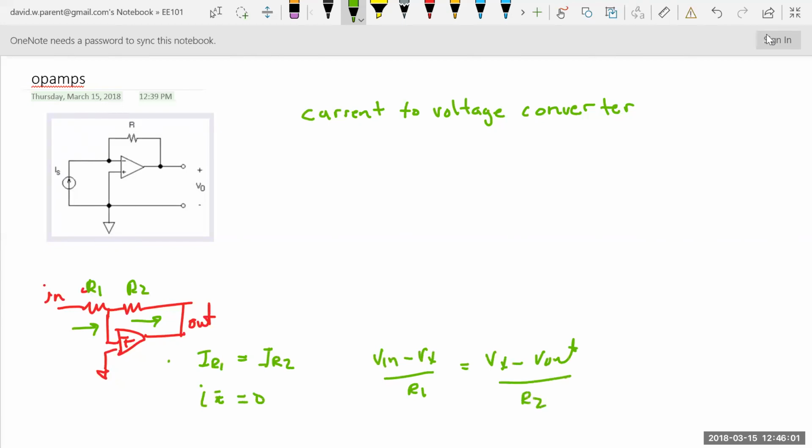And then you go from there and you can prove that Vx, because these two nodes are equal or very close, is equal to 0, and then you can just solve for V out equals minus R2 over R1 times V in. That's the straight, classical problem.